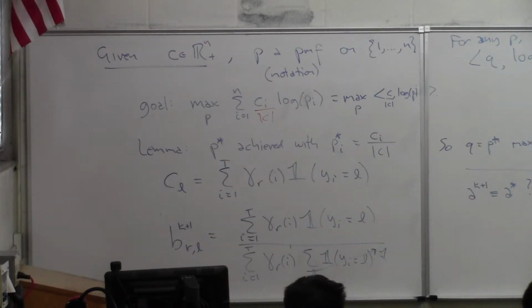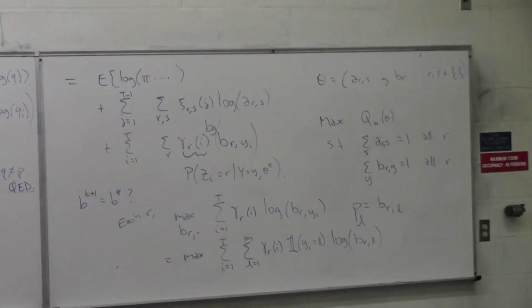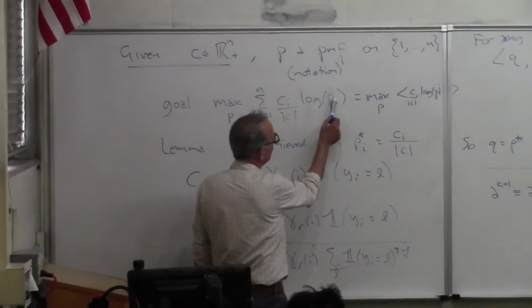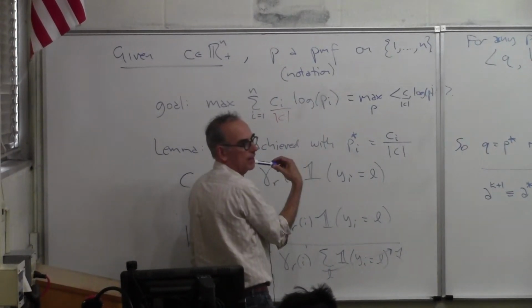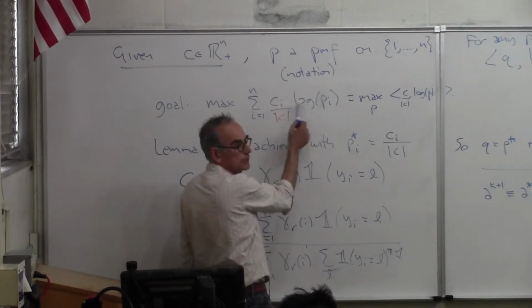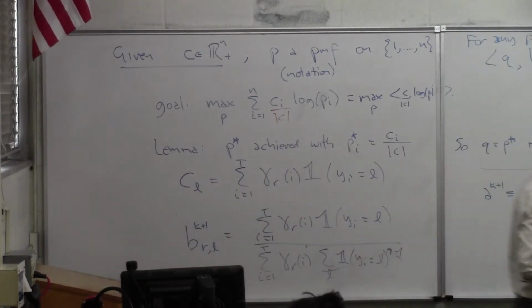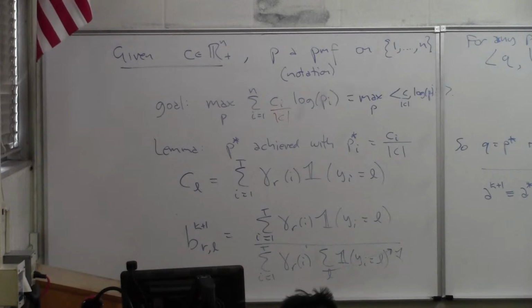Oh yeah, well, take a look at this. I'm trying to apply this lemma, and there's no transformation of either. I've got to do something to get in this form. And the only way I know how to do it is to make use of my favorite trick, an indicator function.